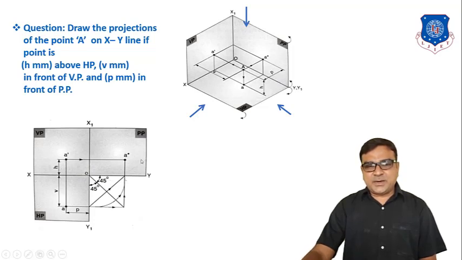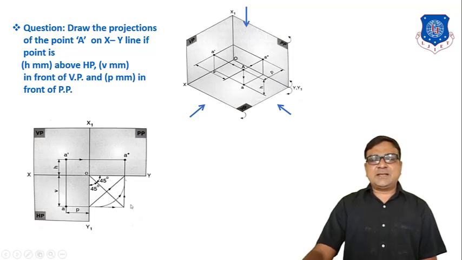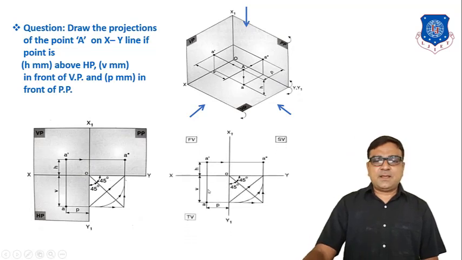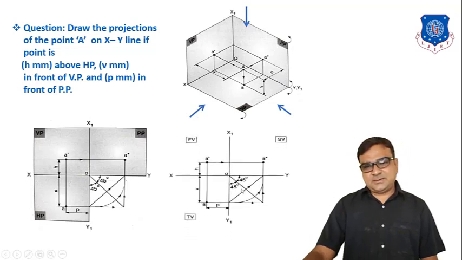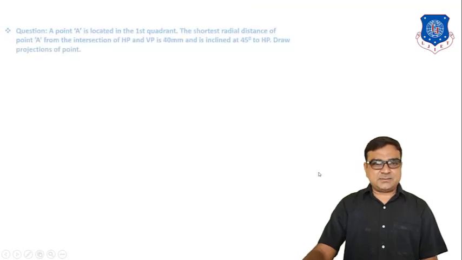The horizontal from A dash and the vertical from the 45 degree line intersect, and the intersection point is always our side view. So these are the three planes on which the three views are projected. Generally, we use this method because we don't show the three planes HP, VP and PP in our drawing. So just XY, X1Y1, A dash, A and the side view A double dash.